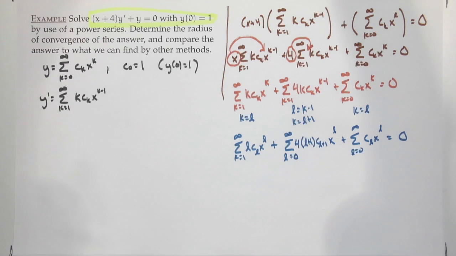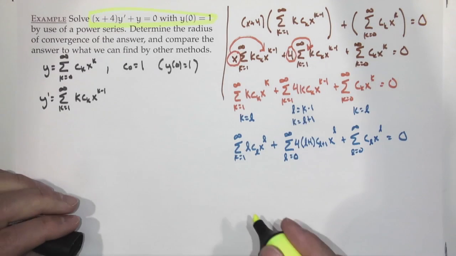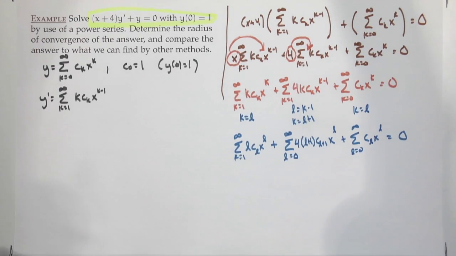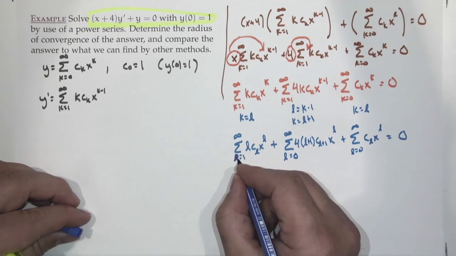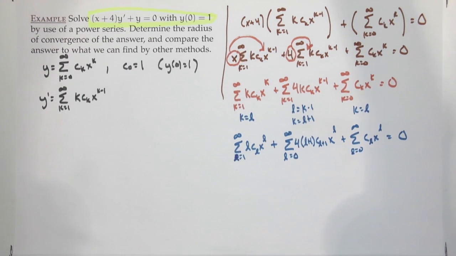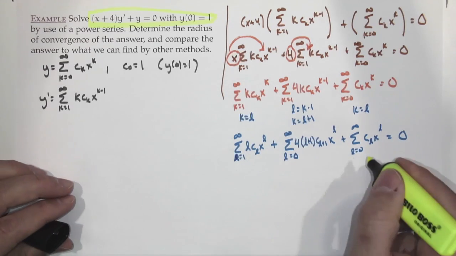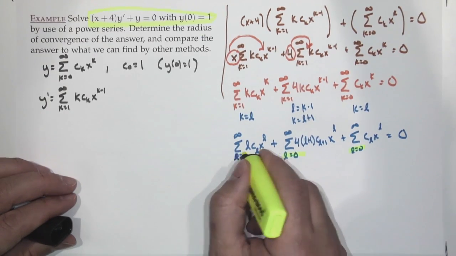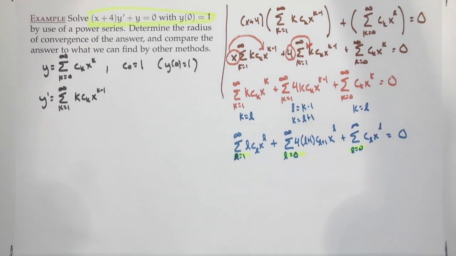All right, now are we ready to mush things together? No, not yet. What's the problem? Other than I forgot to make the first one an L. There we go. Now, what's our problem? Yeah, the stars don't line up. Okay, so what do we need to do?